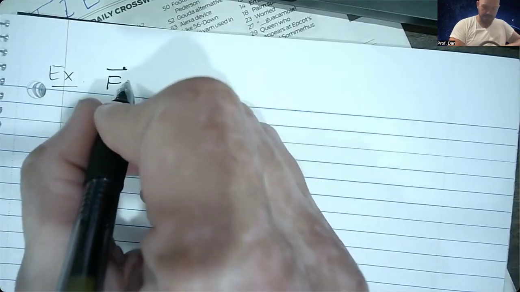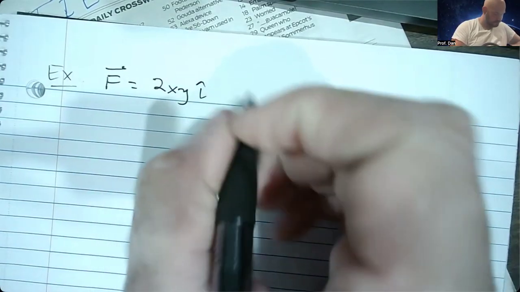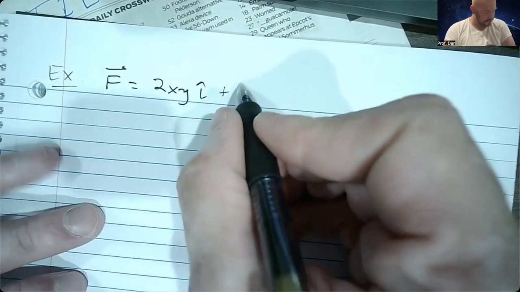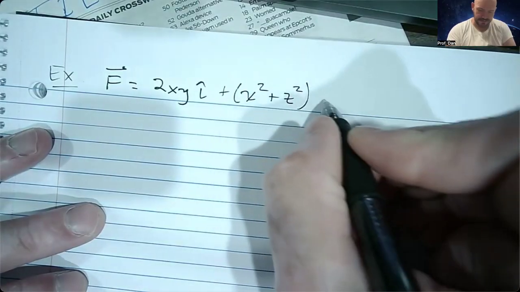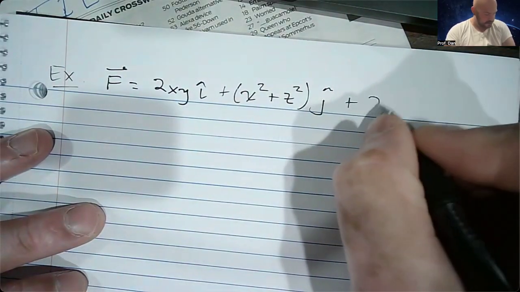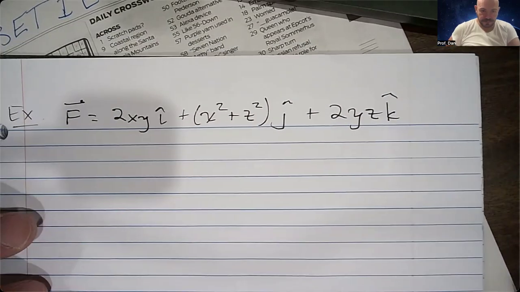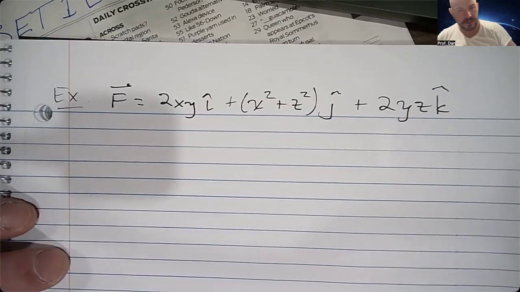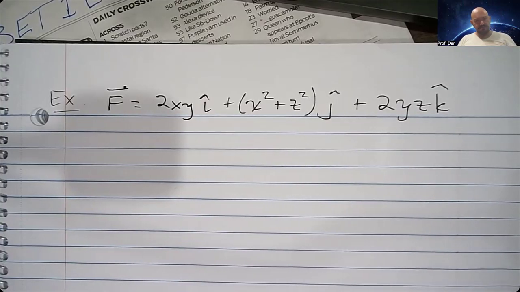So here we're going to have a vector field F defined by 2xy i plus x squared plus z squared j plus 2yz k.